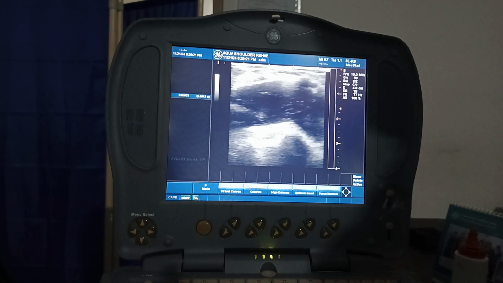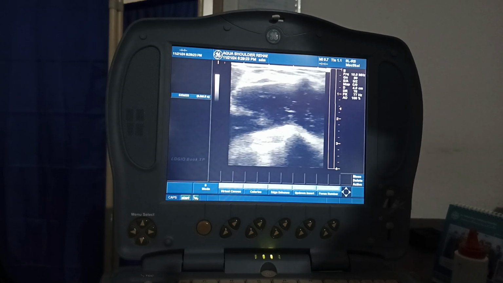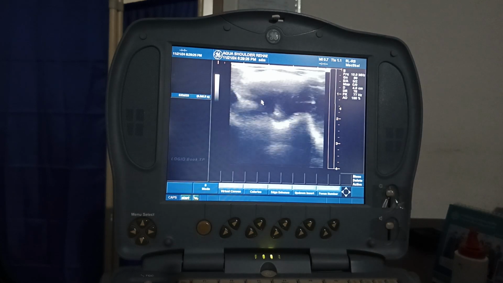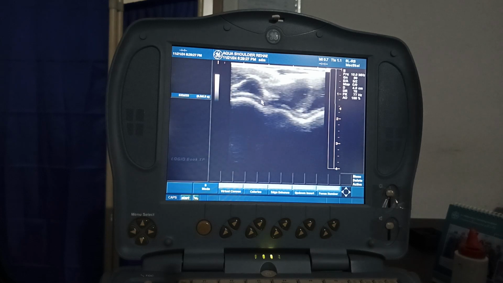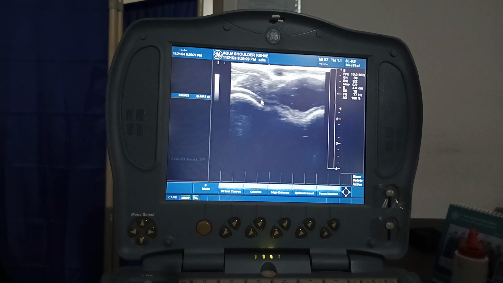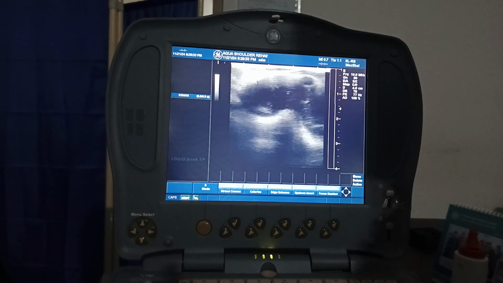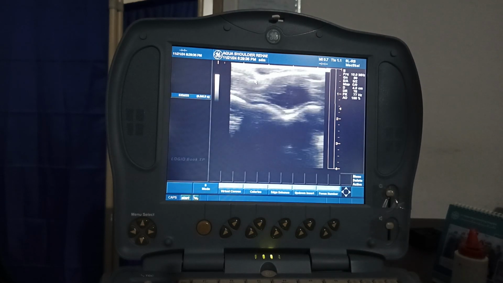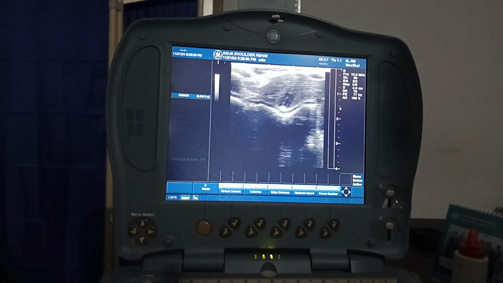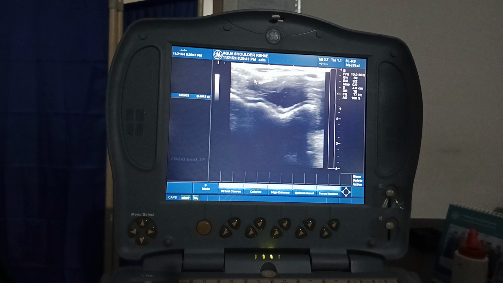If you can see this region, I will try to bring it over here. And even on top, the round. Can you see this round? So this is the tendon of the bicep.